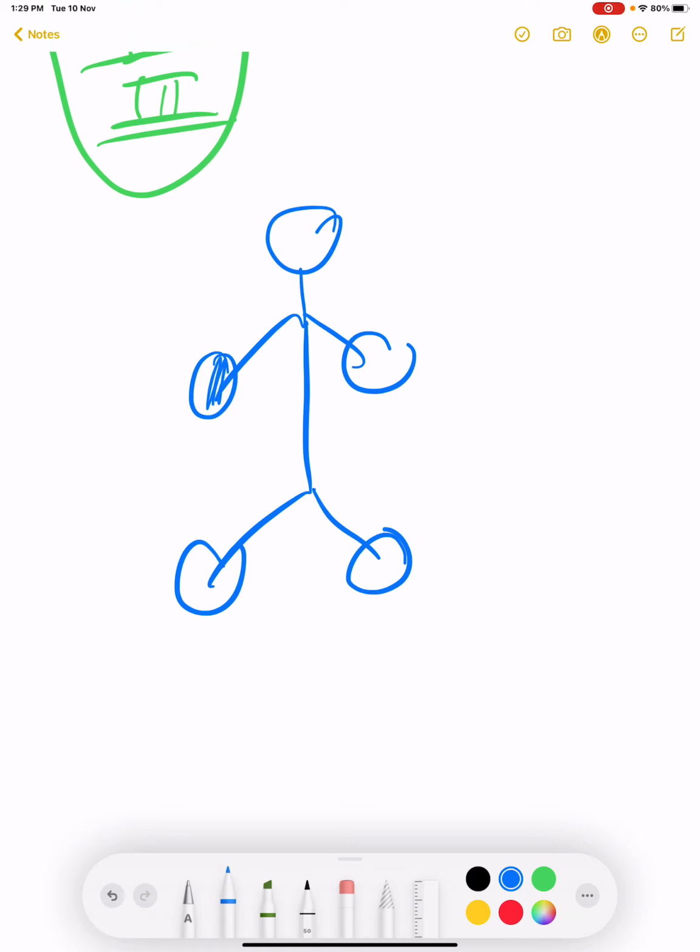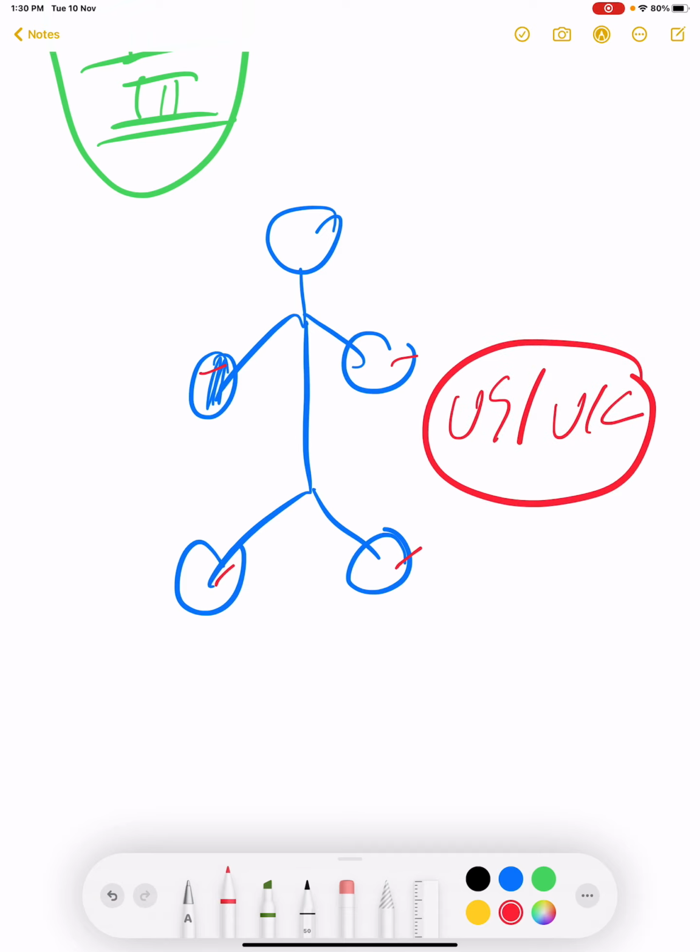These 4 leads have different color coding, but we don't need to go into the color coding because it is different between the US and the UK. Just remember that there are 4 physical leads present on the body, but the leads which we look at in the ECG are not these 4.